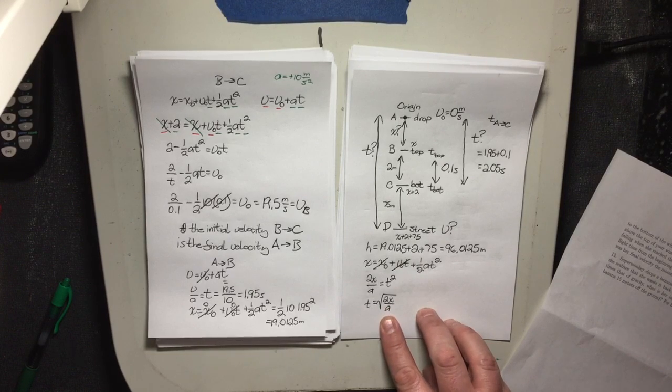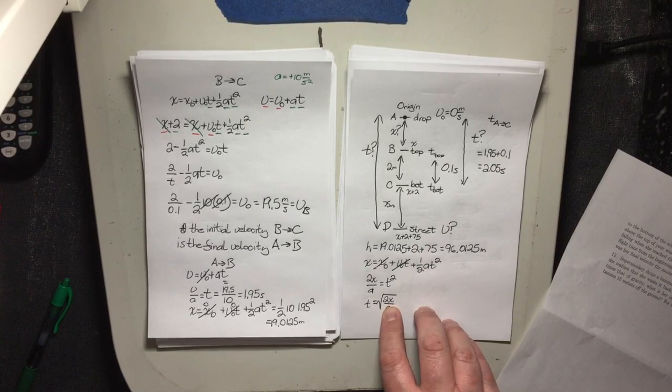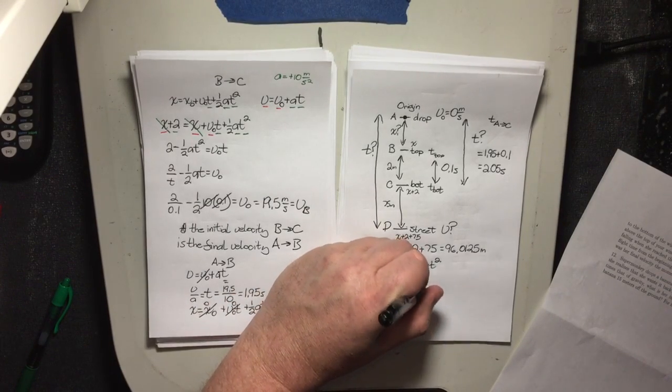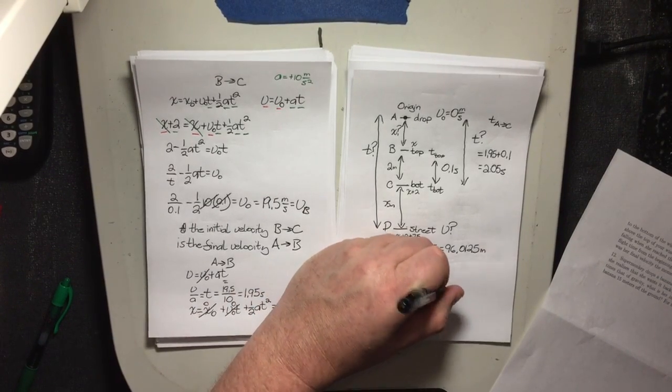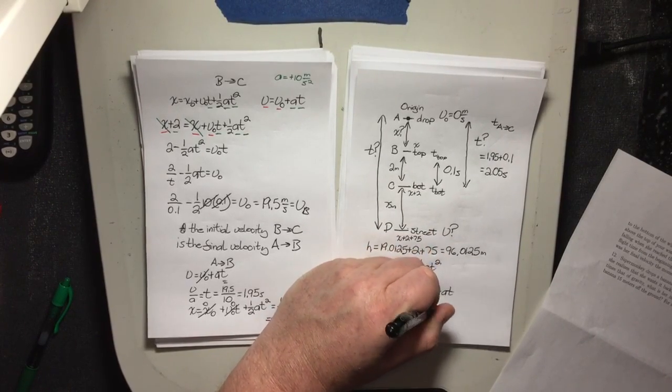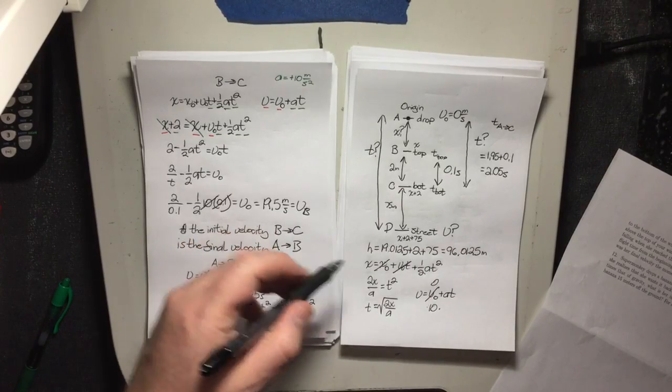Multiply by 2, divide by 10, take the square root. I leave it to you to solve. The final velocity is v naught plus a t. v naught is 0, a is 10, t is whatever that t is.